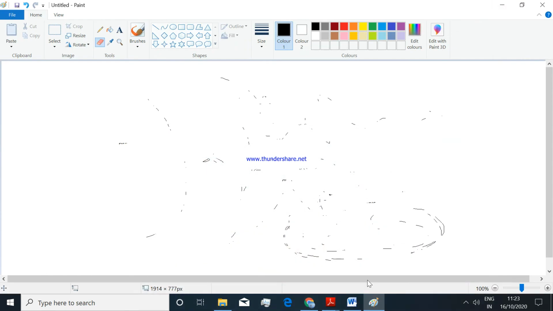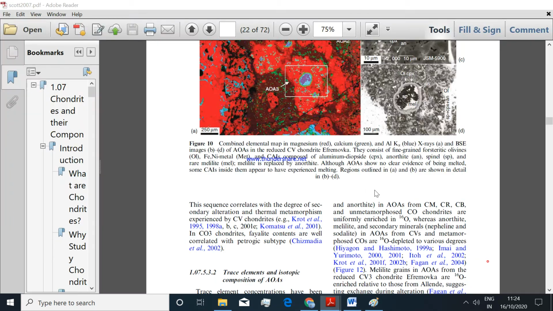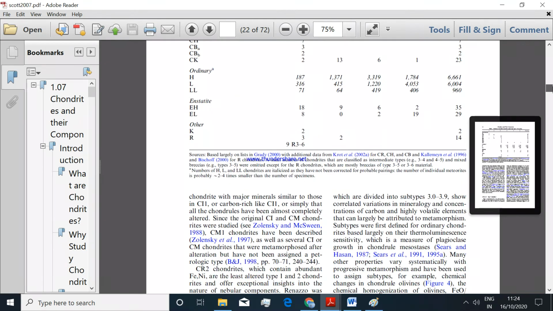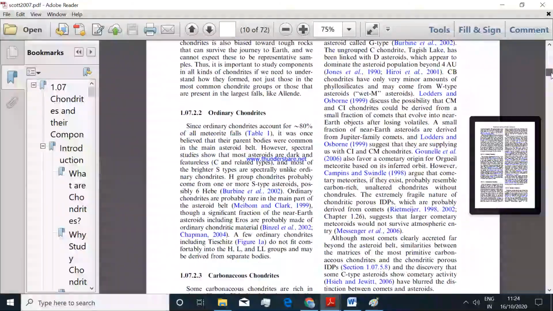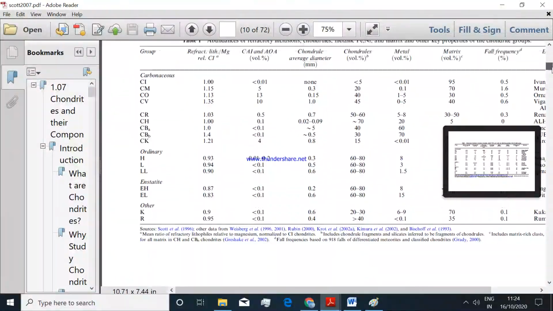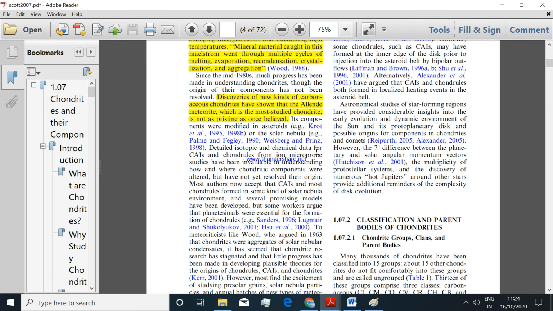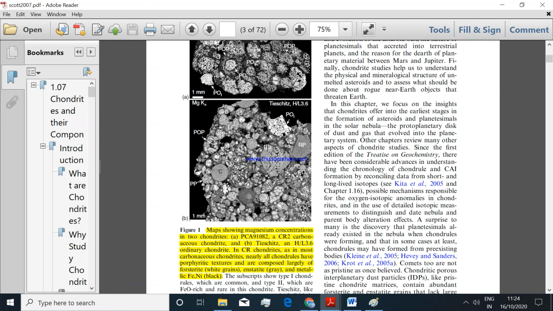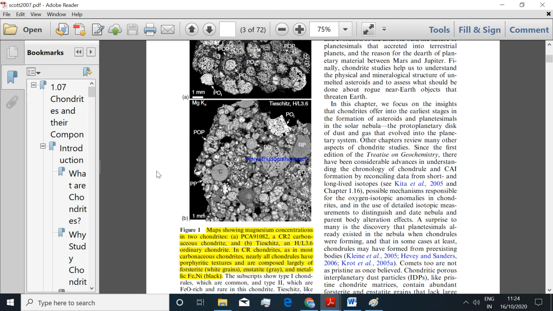Now to be much more precise regarding them, this is how a chondrite or chondritic meteorite looks like.